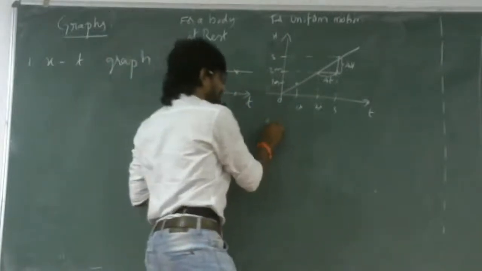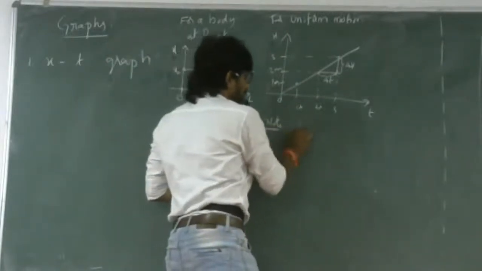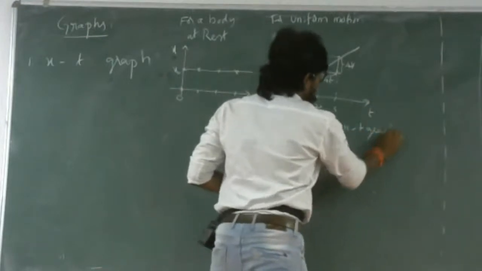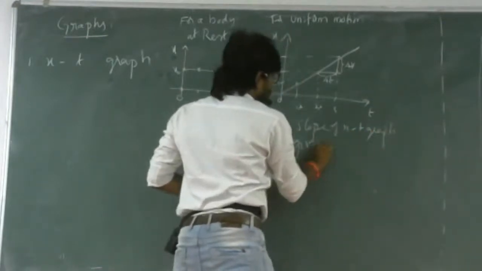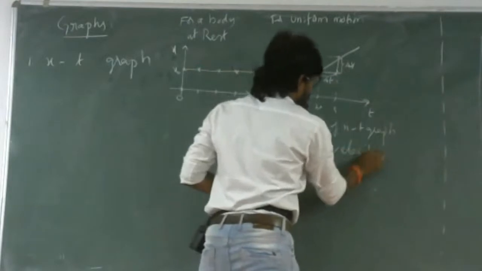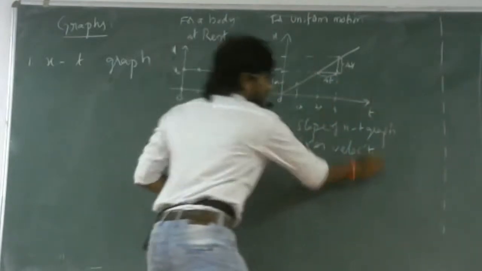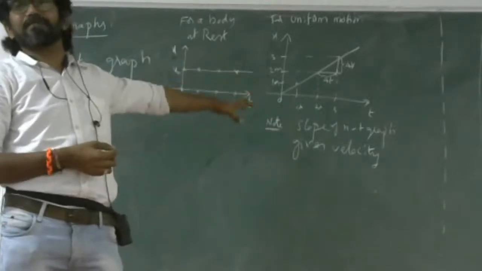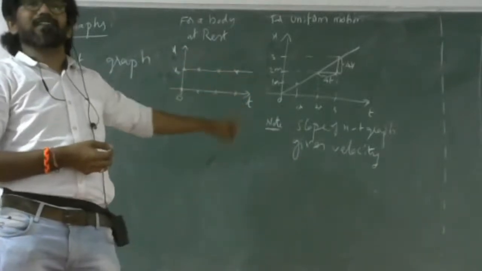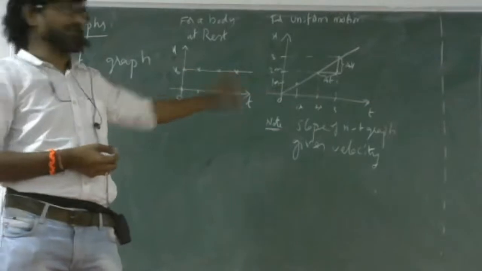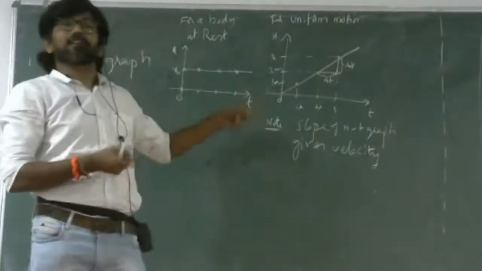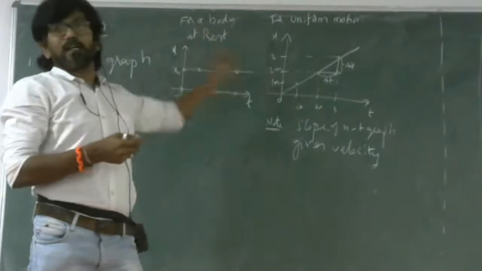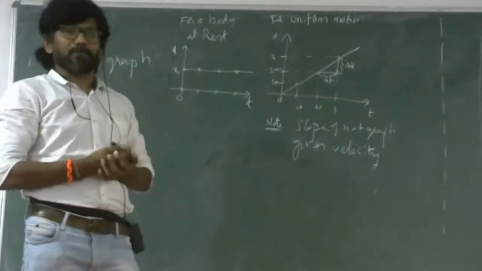So write as a note: the slope of the x-t graph gives velocity. Very important point. Slope of position time graph gives velocity. Very good. So velocity is obtained by the slope of the position time graph.